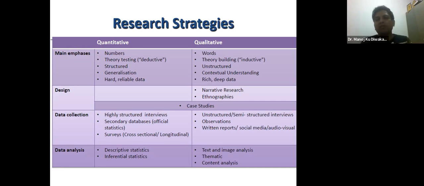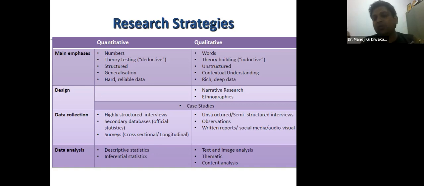Once we talk about numbers, for example, how many lectures you listened to before this, and how many lectures you listened to from this training program, that is when we talk about numbers, and this is quantitative. In quantitative you can do a lot of analysis, such as inferential statistics.